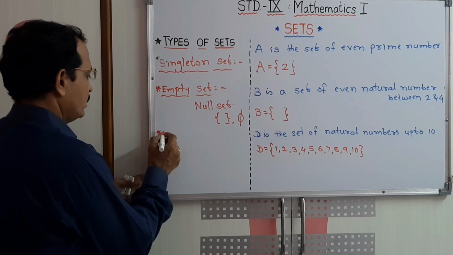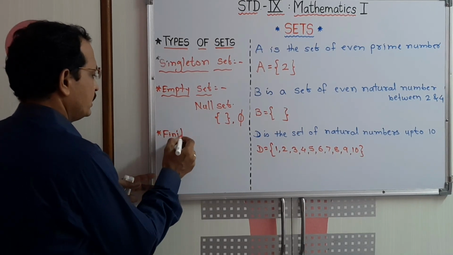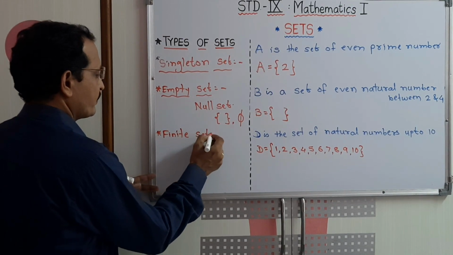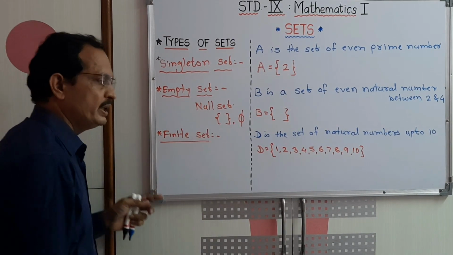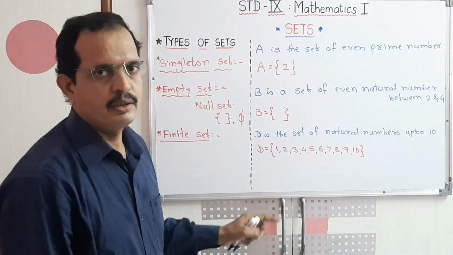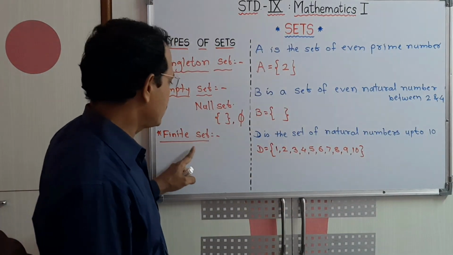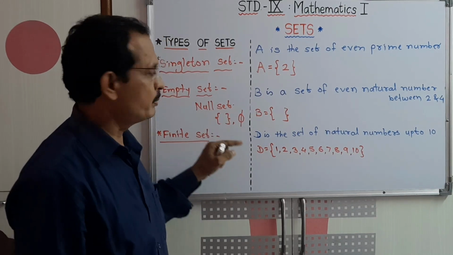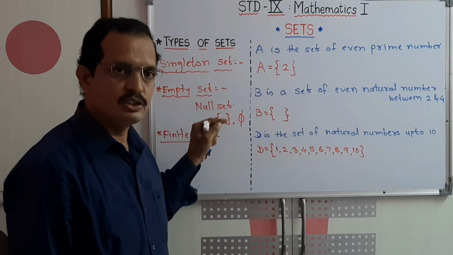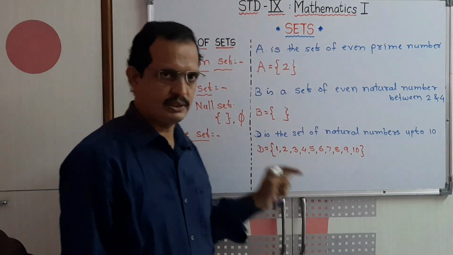Therefore we have learned the third type of set. It is the finite set. In this set elements are limited, they are countable, and this type of set is called a finite set. Always remember, the empty set is also a finite type of set.